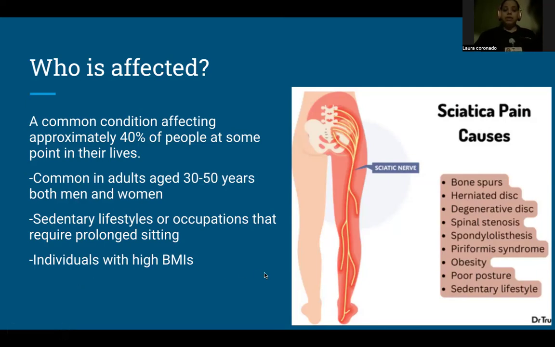My patient in particular actually has several things that have triggered her sciatica. She does have a lumbar disc herniation. She also has rheumatoid arthritis, which, as we know, affects the joints. And she's also overweight.